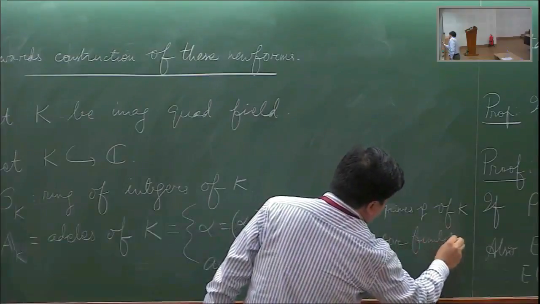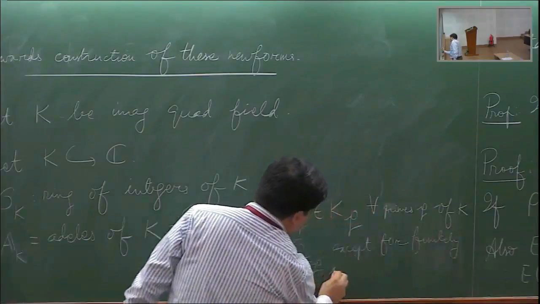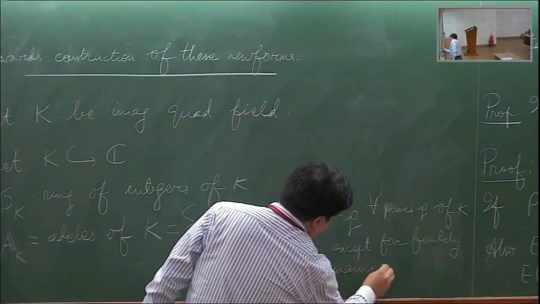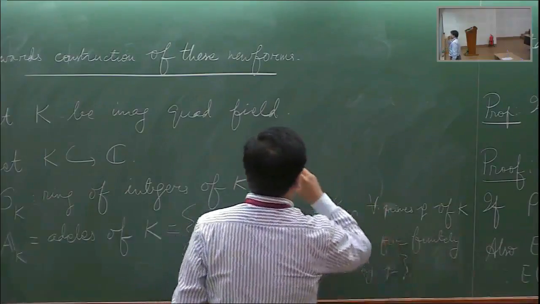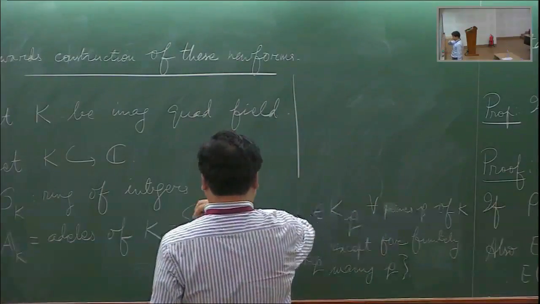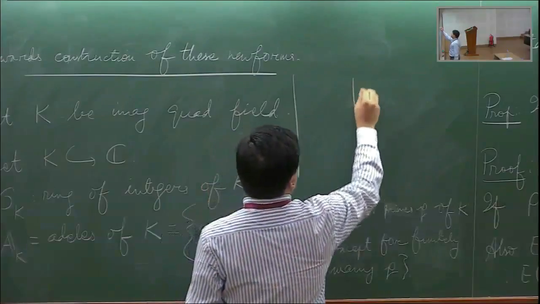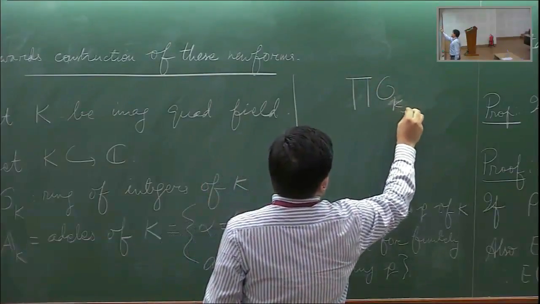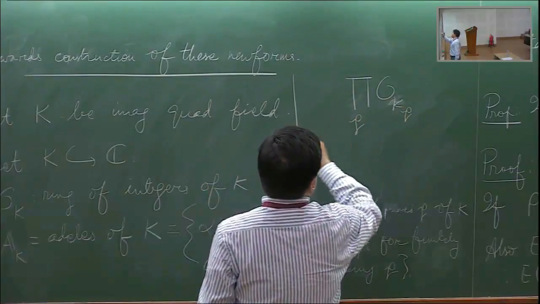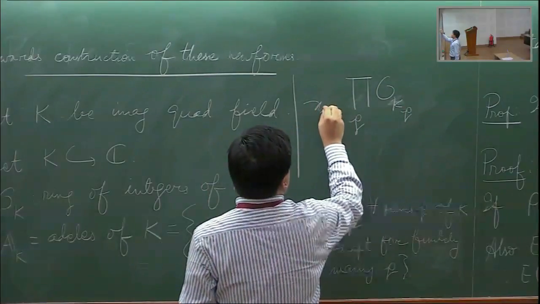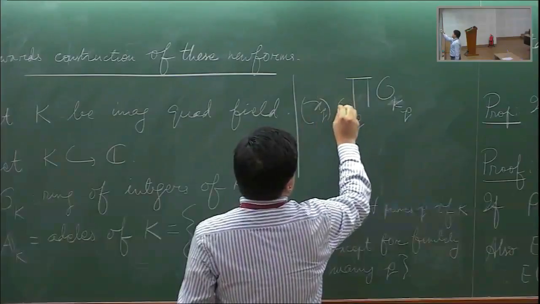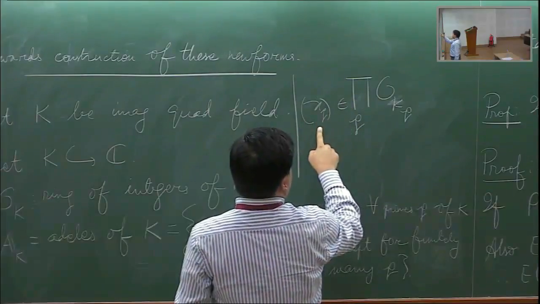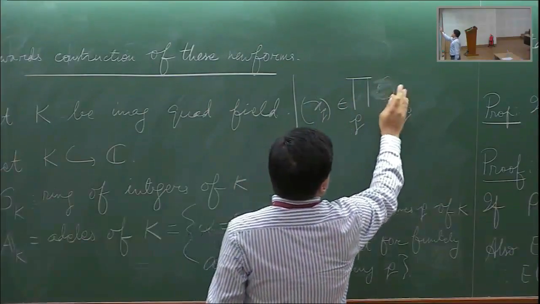Okay? So finally, right? So you take the product of O_{K_P}, right? And you take something like this. So if the x_P's are inside.